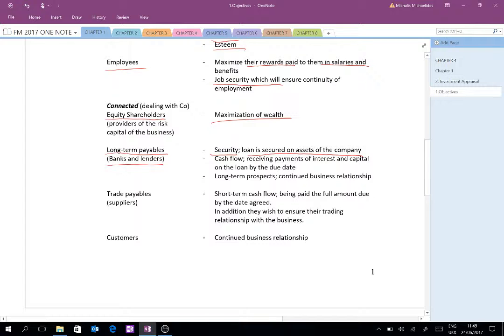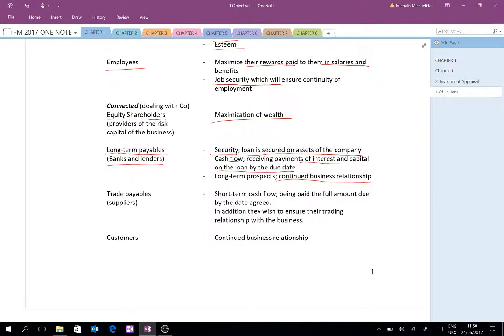And of course, they would like our business to be able to generate cash flows which will enable the business to meet its interest payments and the capital repayment when the time is due. And also, the existence of our business will offer them, if you like, better long-term prospects. In other words, these stakeholders will continue the business relationship with our business, and they will continue to enjoy benefits because of this relationship.